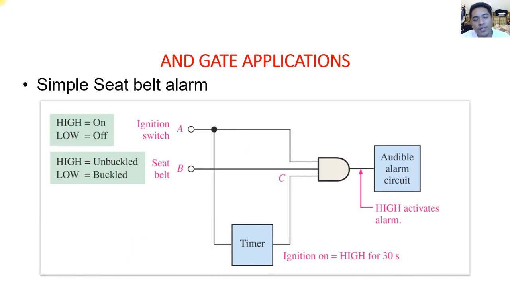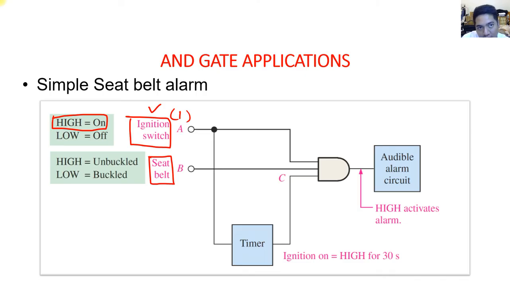And so we have a simple seatbelt alarm as an AND gate application. We have two inputs here, for example, the ignition switch and the seatbelt. The ignition switch will be high if it is on. In other words, if you start the car, it will be a logic 1. The application is that the alarm will sound when you start the car and you have an unbuckled seatbelt.